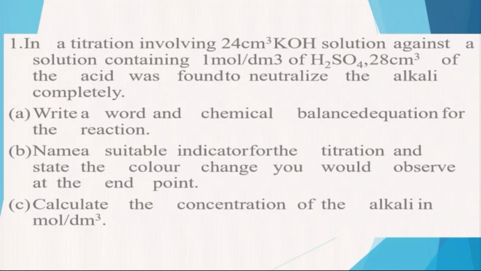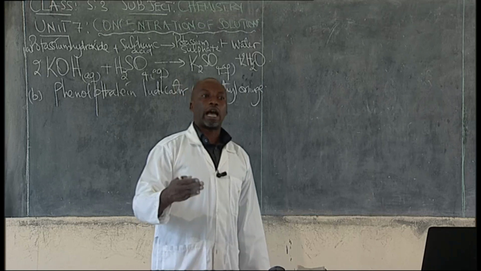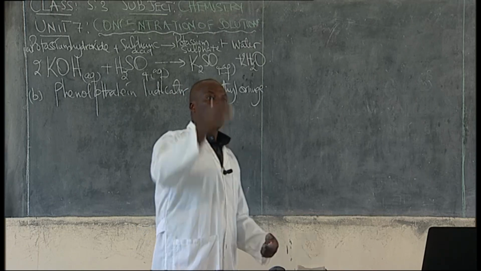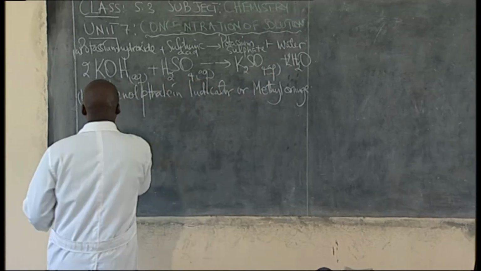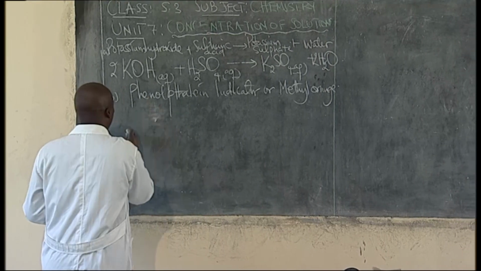State the color change. If you use phenolphthalein indicator, you remember the titration involves potassium hydroxide against a solution containing 1 molar sulfuric acid.